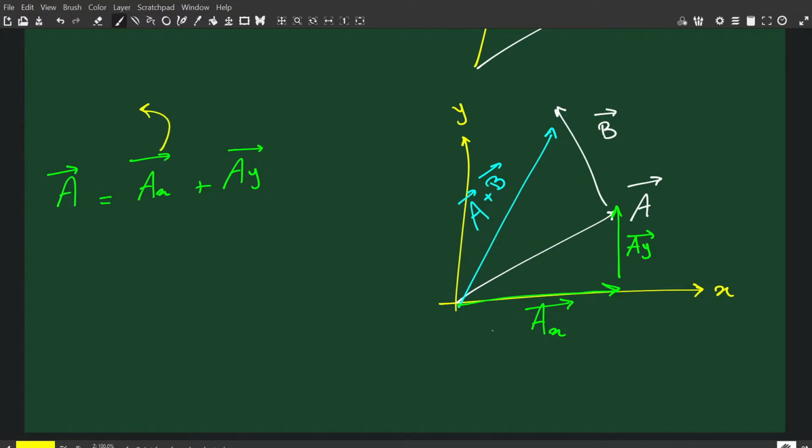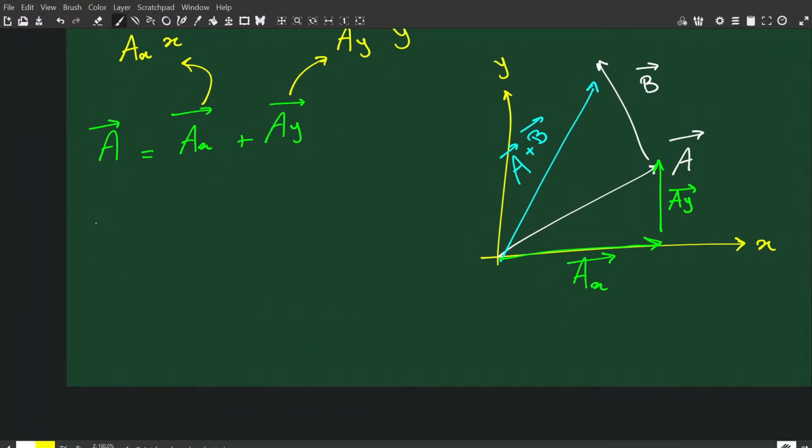As you see in the figure, the ax direction is parallel to the x-axis. So ax is a scalar times x hat. And ay is the ay magnitude, though I won't write the magnitude because it's a scalar by itself, times y hat.